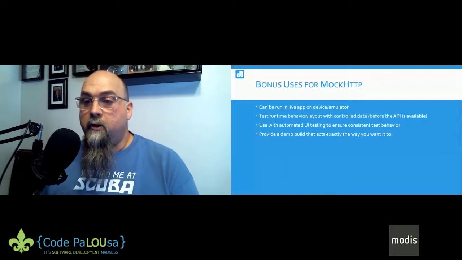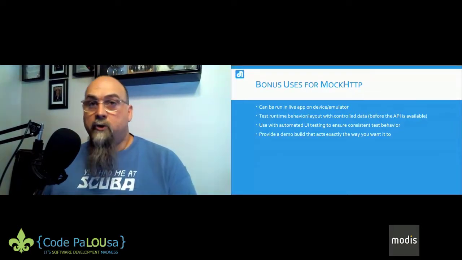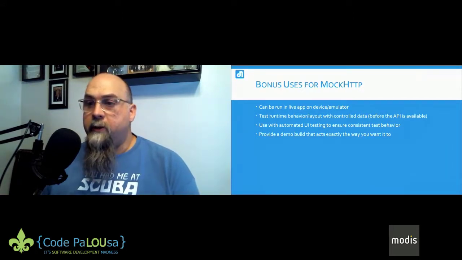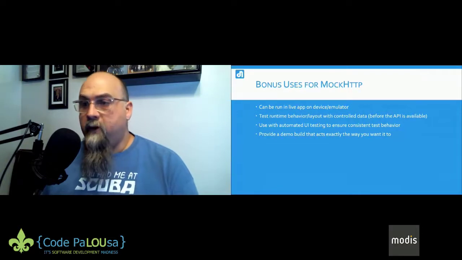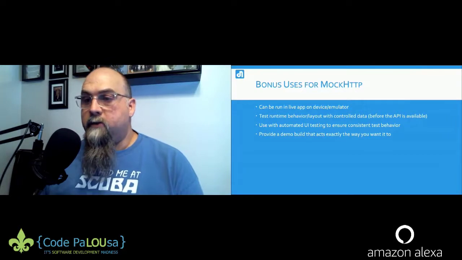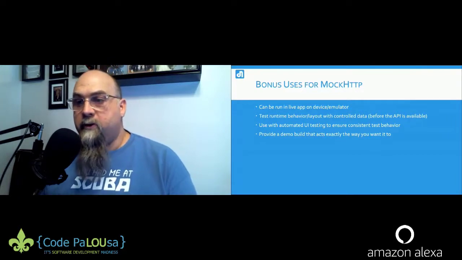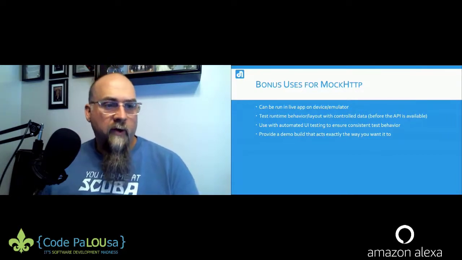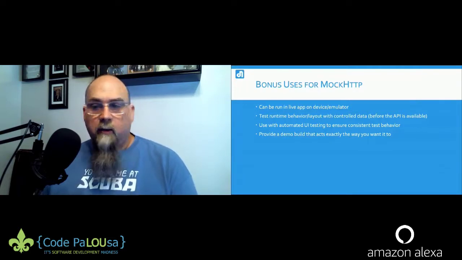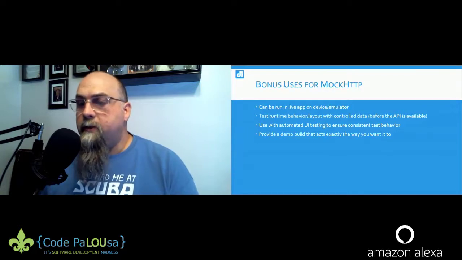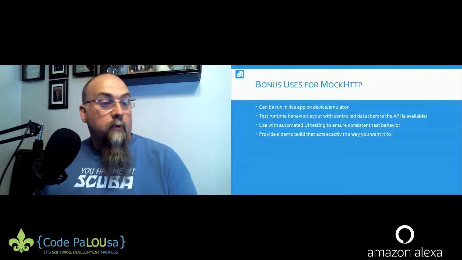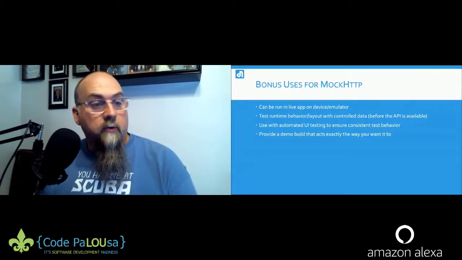Or it's really hard to make sure that your app, the UI of it, the actual user experience of, say, a failure, is what you expect it to be. And it's really hard to just pretend those things without doing something special on your server or whatever else. So this gives you a way to provide HTTP content back to your actual application code that will make it behave the way you want it to.